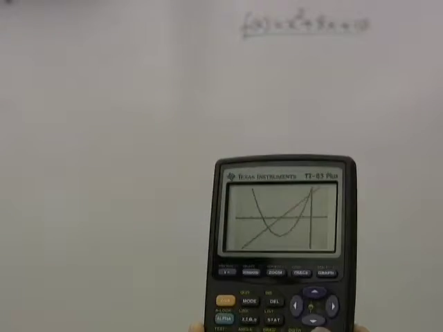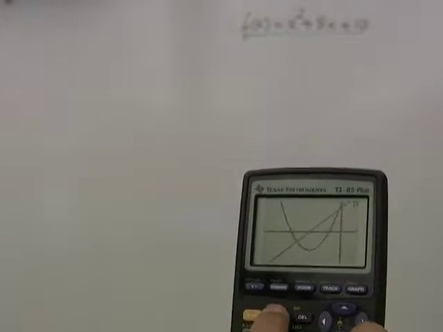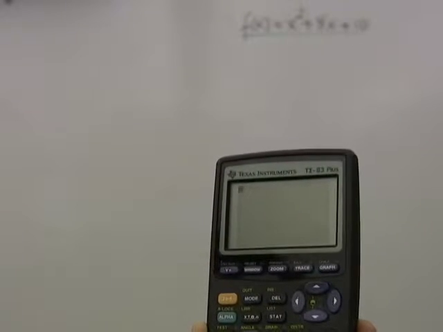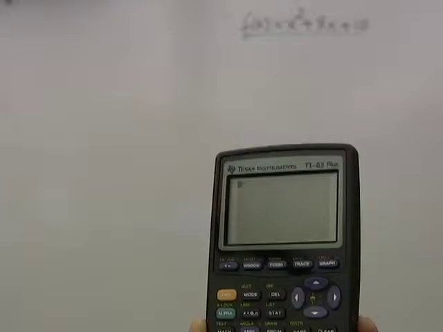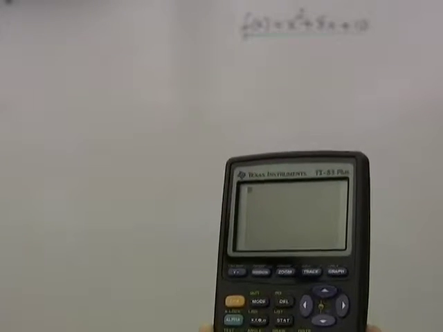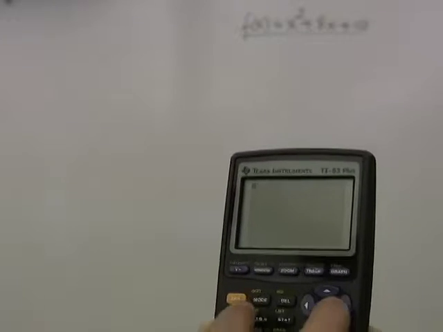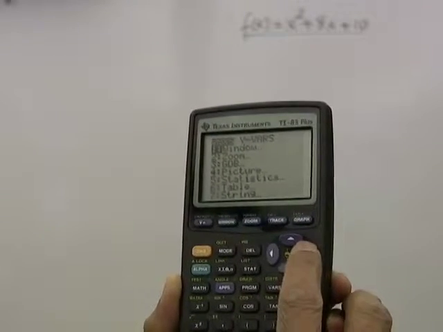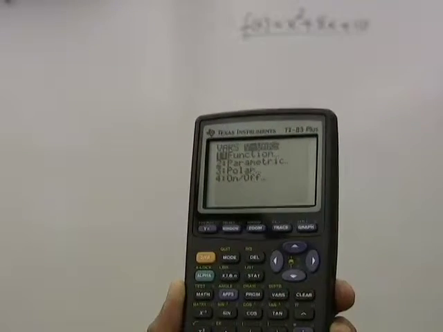All right, let's now quit this. Let's evaluate the derivative at our first test number. On the interval negative infinity to -4, we chose -5. So look at that again. Press VARS, and the right arrow to Y-VARS.